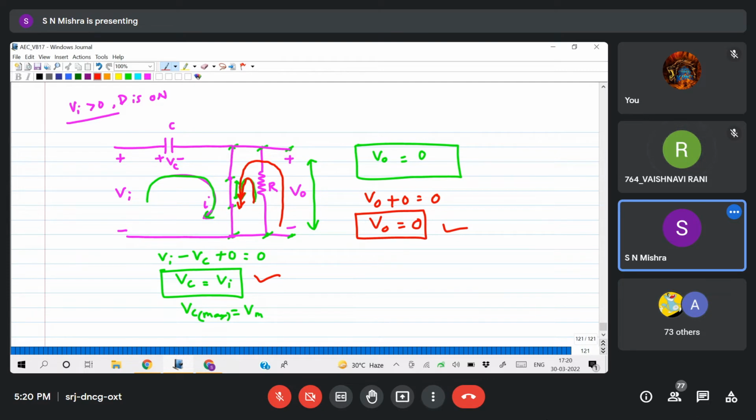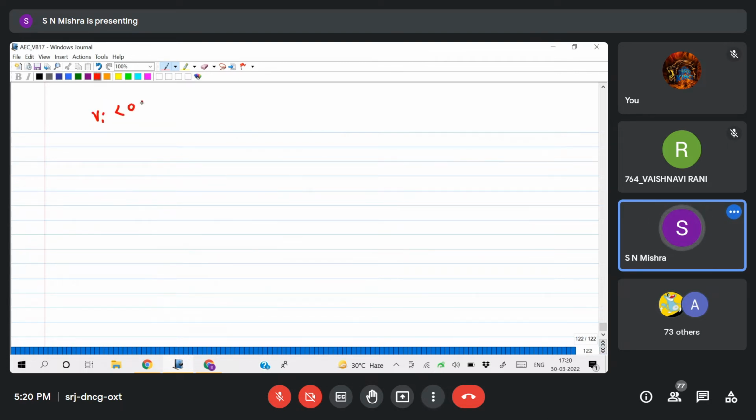So we have found the output voltage as well as the capacitor voltage when the diode is on. Now we go to the second condition, when the diode is off. When Vi is less than 0, then D is off. When it is off, the capacitor will remain the same.